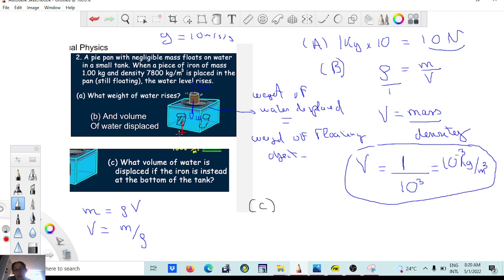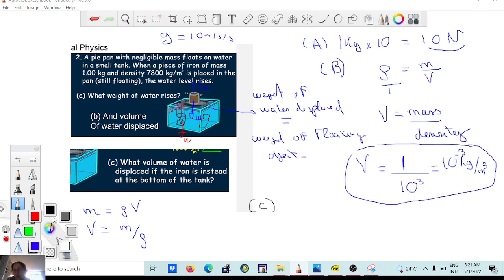So you have the weight here, you have the buoyant force, which is smaller. And of course, from the bottom, you're going to have the normal force, right? So you see that the buoyant force is smaller than the weight. That's why if you remove it from the pan, it's going to sink. The only reason it doesn't sink here is that the pan is supporting it, balancing out the weight.